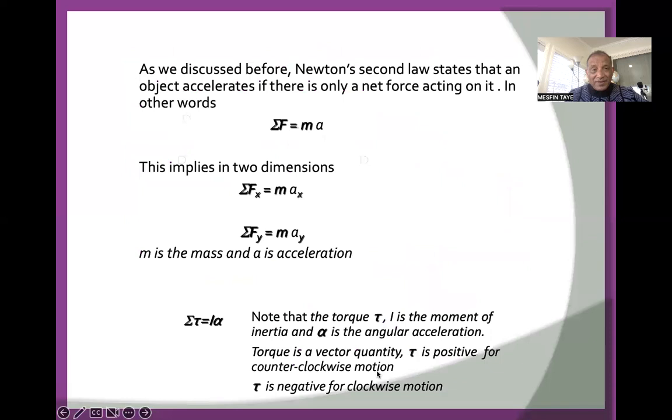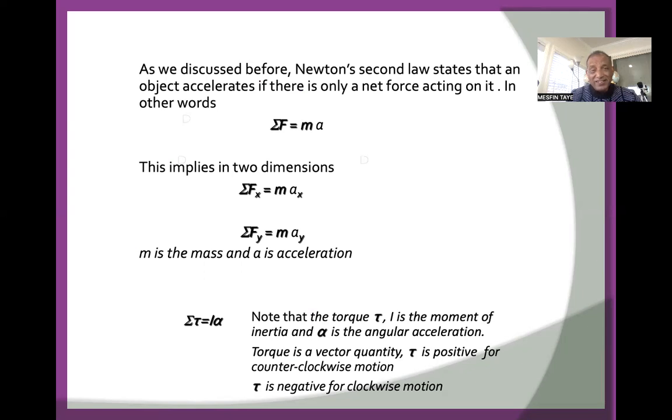Now, as I discussed today, we want to use Newton's law. We are going to use Newton's second law to solve different problems, okay? As discussed before, Newton's law states that an object accelerates if there is a net force acting on it.